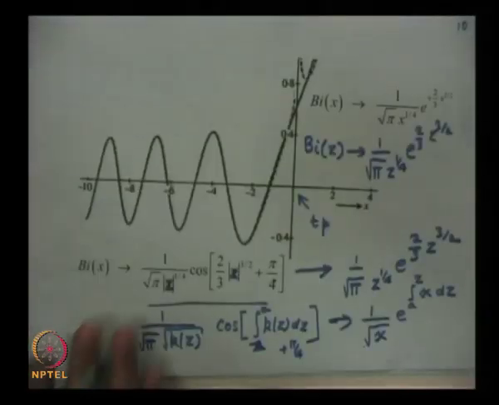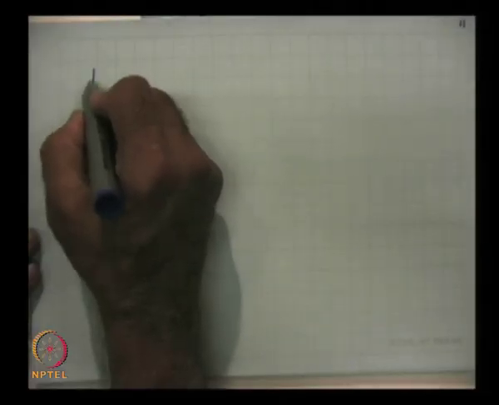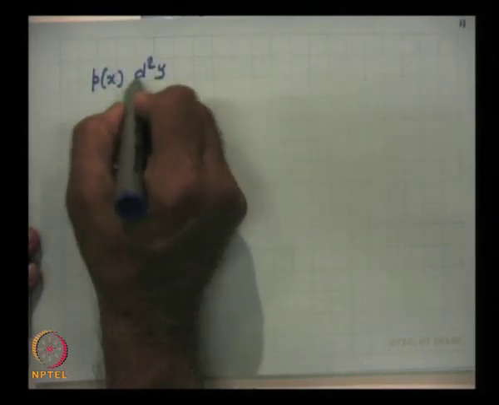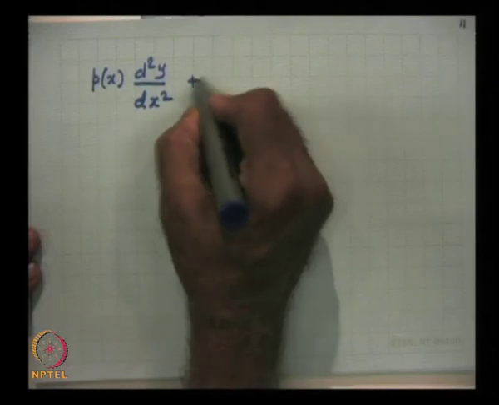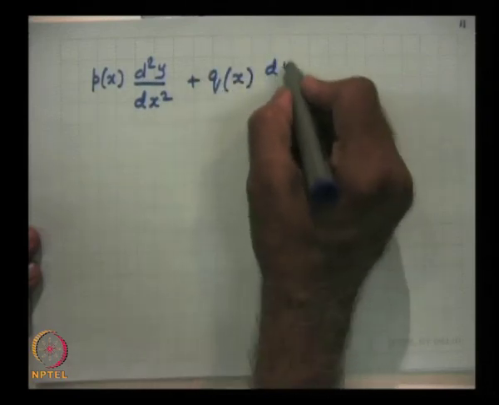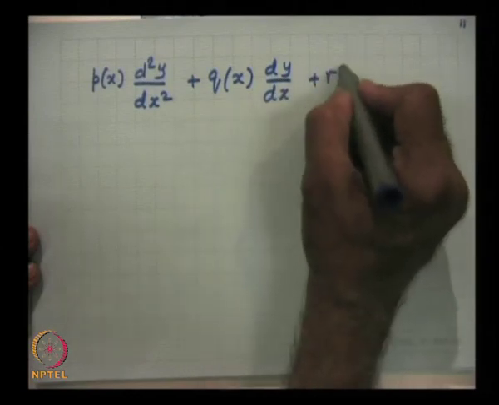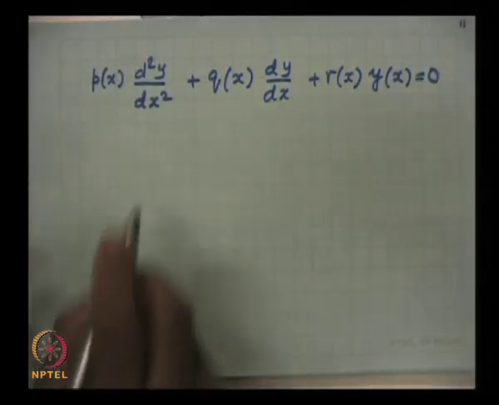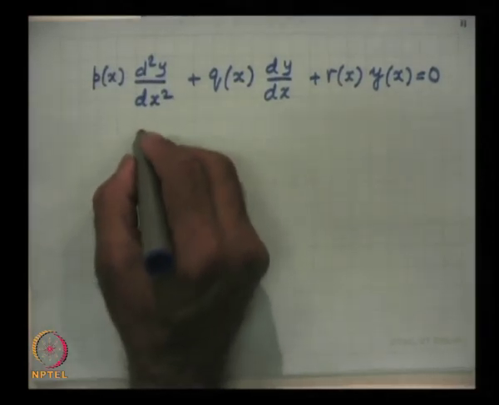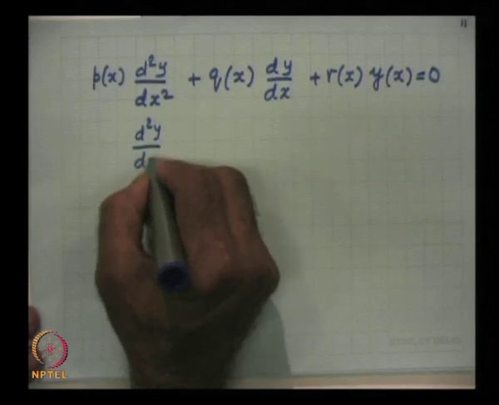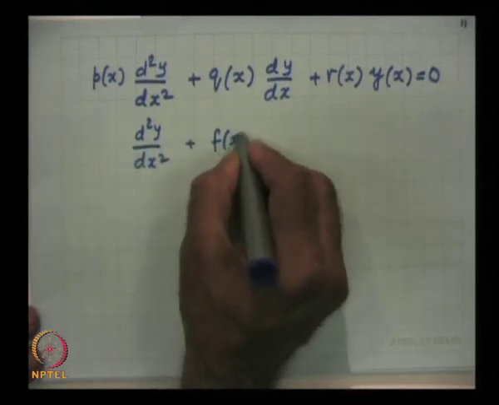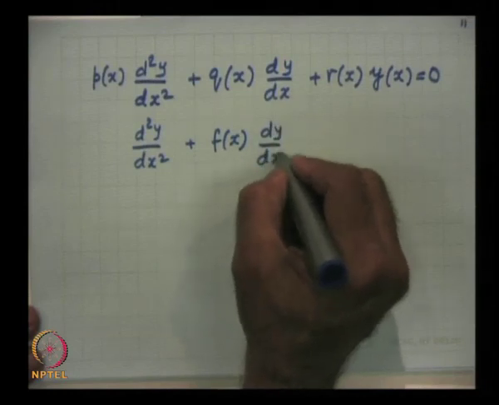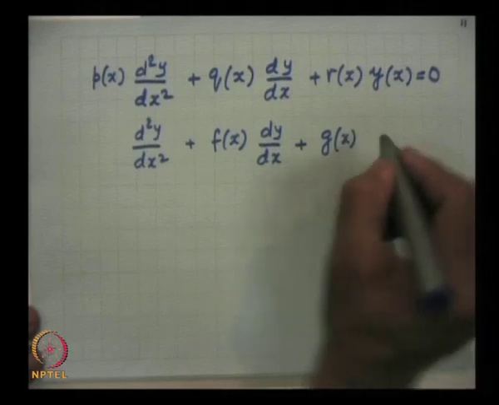We finally end up by saying that a general differential equation of the type p of x d2y by dx square plus q of x dy by dx plus r of x y of x equal to 0, I can always write this in the form d2y by dx square plus f of x dy by dx plus g of x y of x.